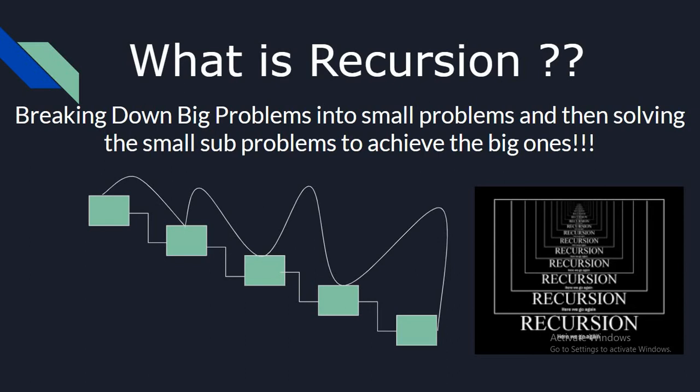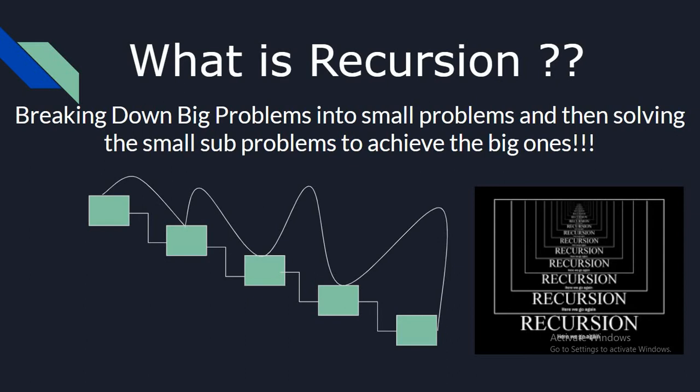Now you might be wondering why we need recursion. The main point of recursion is that we want to break down big problems. Let's suppose we want to find a factorial, and we know that the factorial of 1 is 1, but we want to know the factorial of 100.